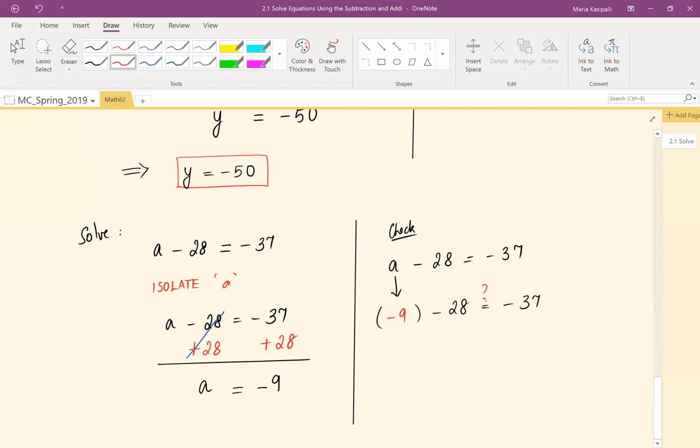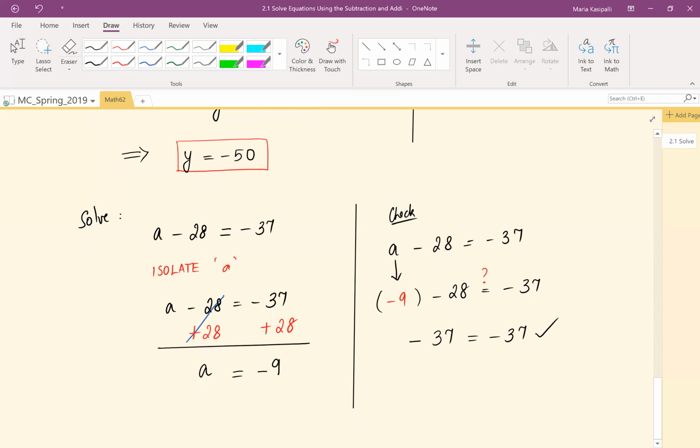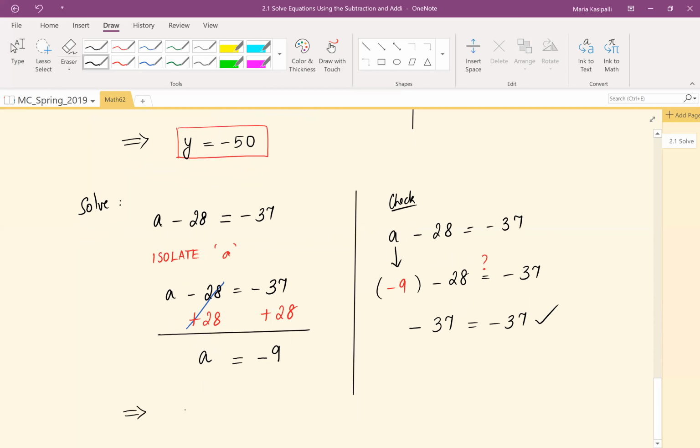Give a little tail so that it doesn't look like a 9. Make the stem of your 9 longer. So there again, you don't mix them up. So combining these two negative numbers, we add them. That gives us 37, and we take the sign of the larger number. Negative 37 equals negative 37. That's a true statement. This implies a equals negative 9. Box the answer.